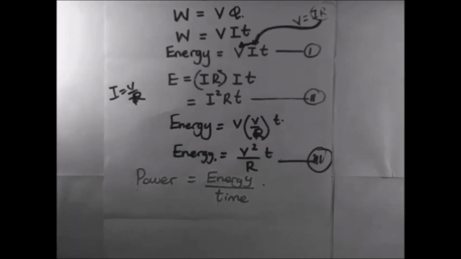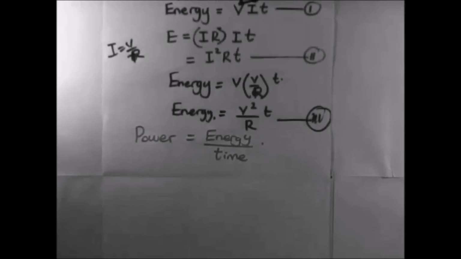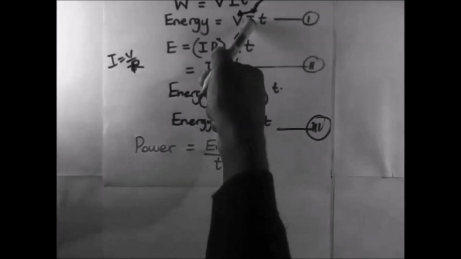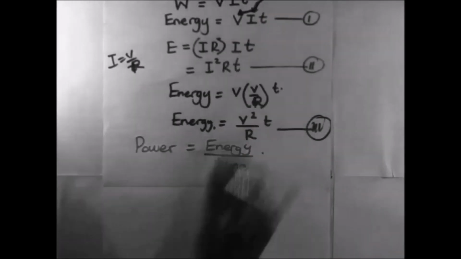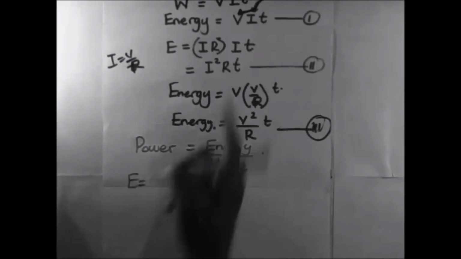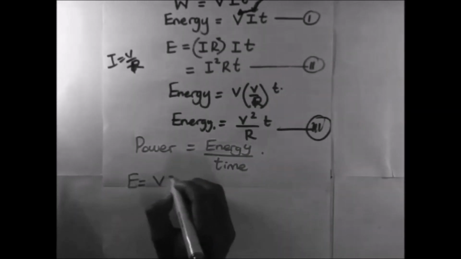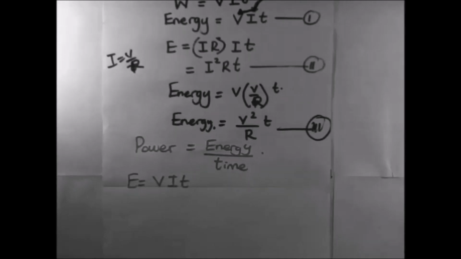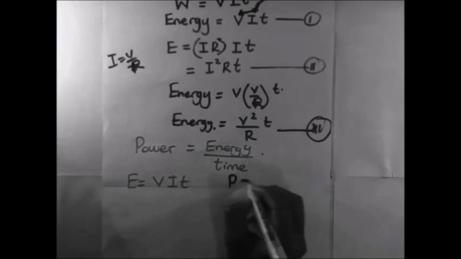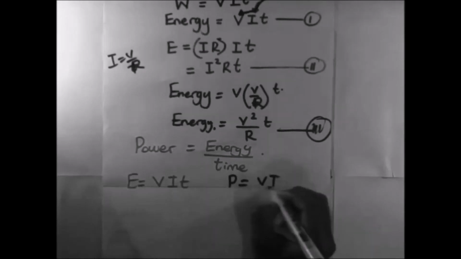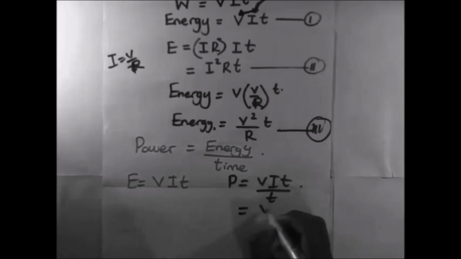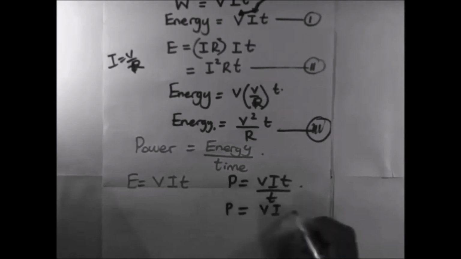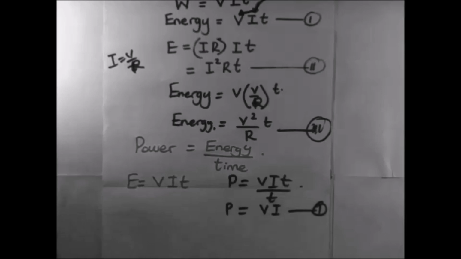That is power. So for our formulas of energy, if you want the expression for power, we know that energy is V I T. That is the expression for energy. So our expression for power will be over T. Power will be equal to V I T, divided by time. So electric power will be VI. That is one expression.